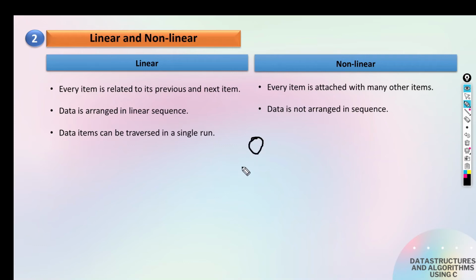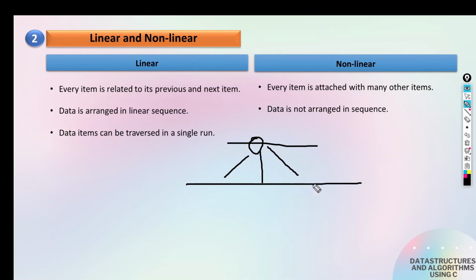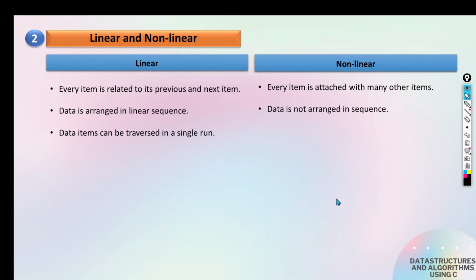Like if it is a tree, I can traverse it in a level by level manner also, or first I'll go to the parent, then the first child, now there are no more children, I'll come back to the parent, then go to the next child. So there is no particular order of visiting. Getting? So data cannot be traversed in a single run.